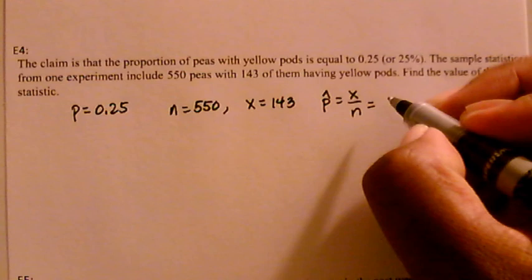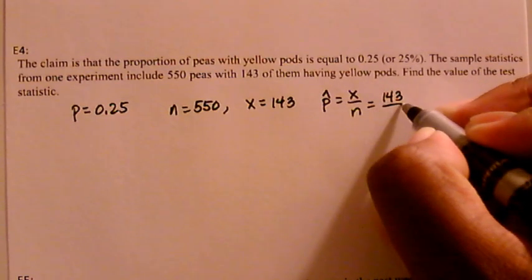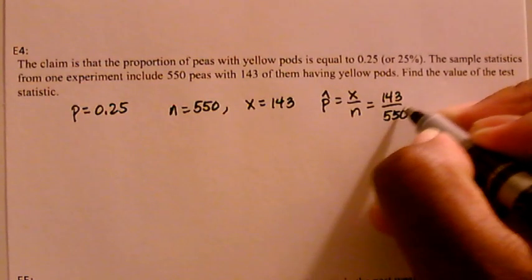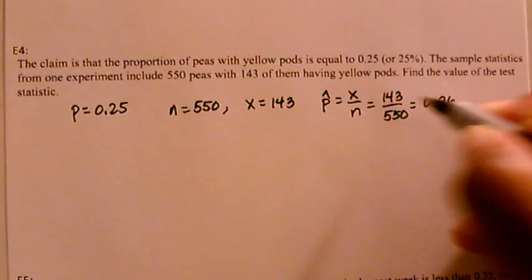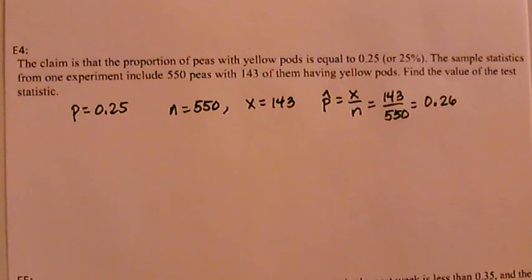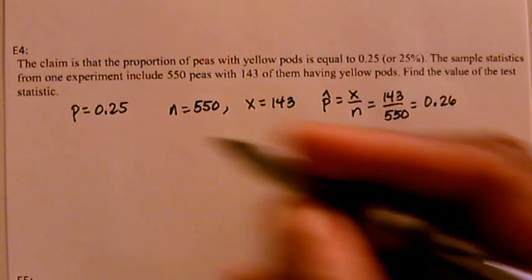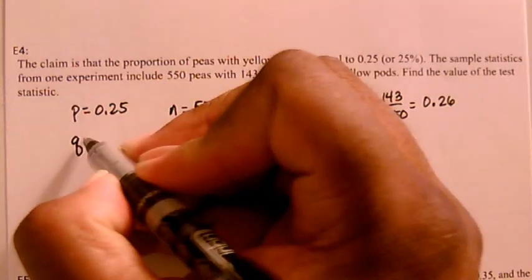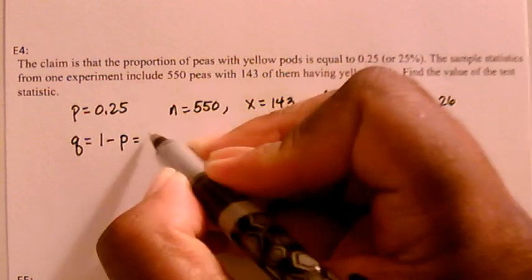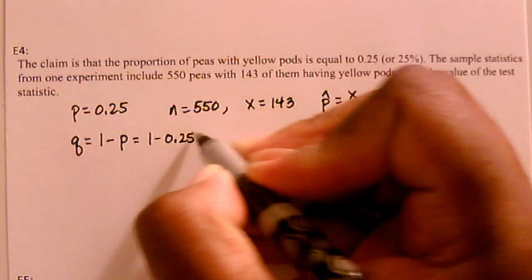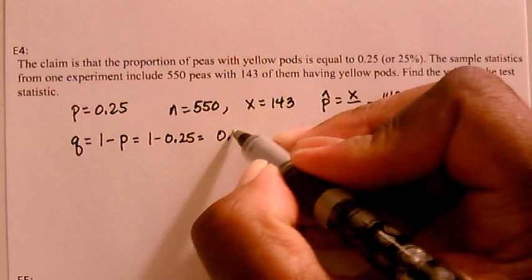So p hat will be 143 divided by 550. If you do this on the calculator, you'll get 0.26. Well, we know p is 0.25, but we need to find out what q is. That's 1 minus p, or 1 minus 0.25, which is 0.75.